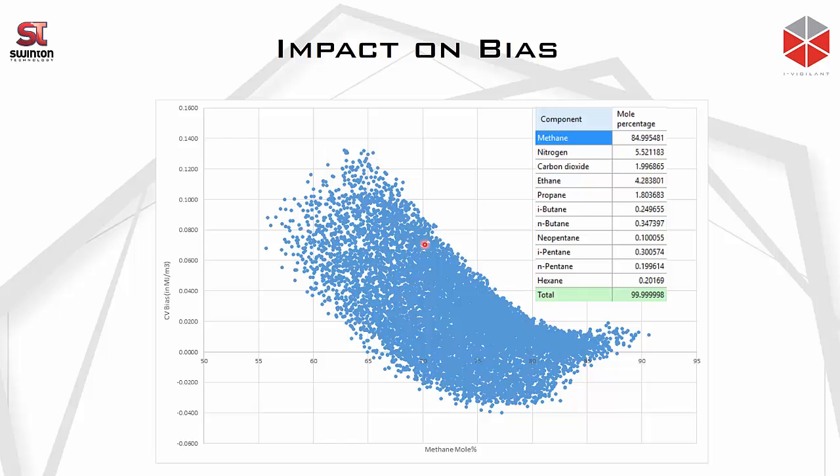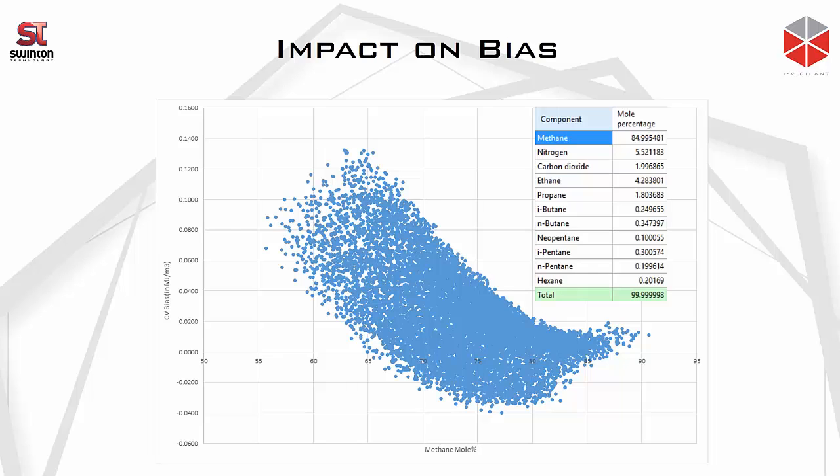So if we operate at around 85%, we will be sure that every single component, any single possibility of the component that we have, will fall within plus minus 0.02%. This particular setting works pretty much between 80% to 90% methane, which is a good operational range. But as we go to a lower range of methane, such as 65%, the bias from the measurement can go up to 0.12 megajoule per meter cube. This is quite a significant bias.